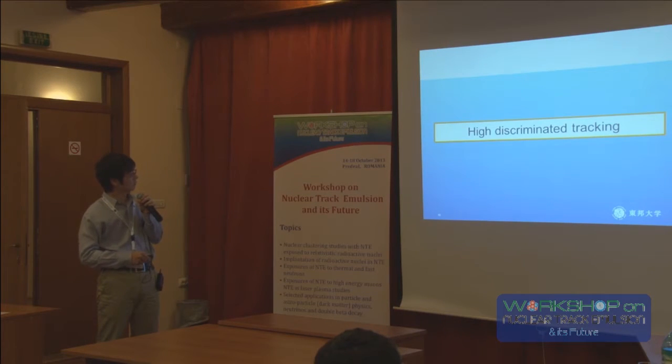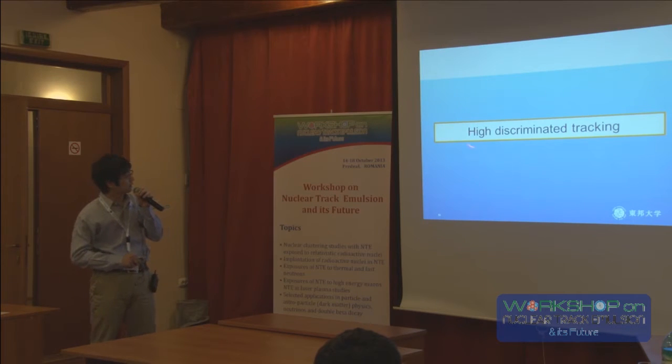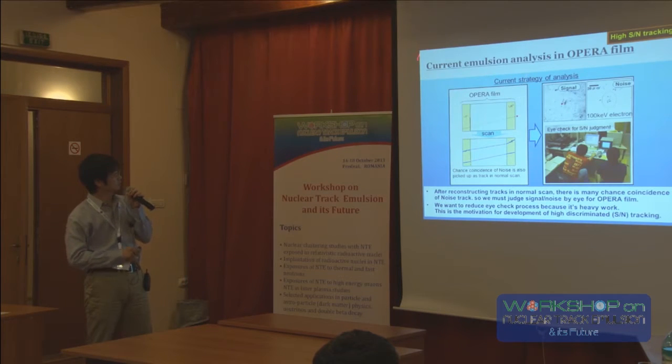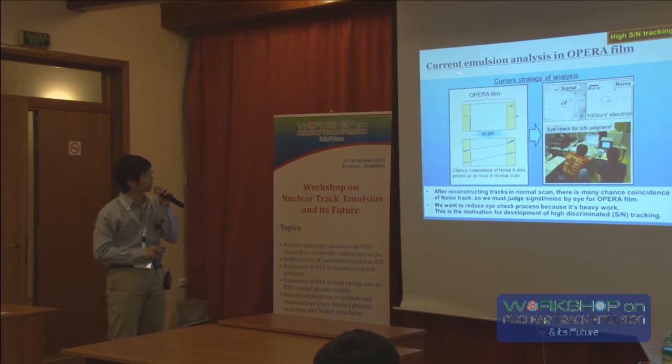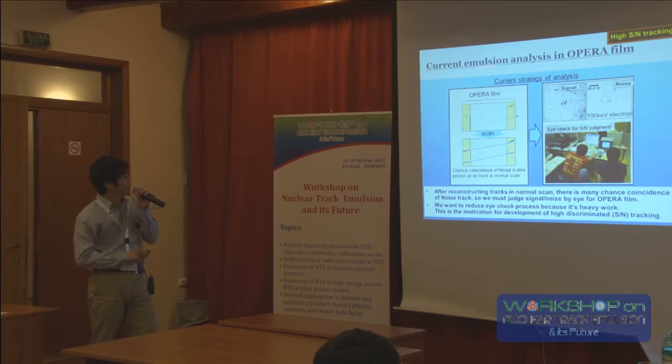Okay, then the next session, high discriminated tracking. Here I explain the current emulsion analysis in the OPERA film. First, we scanned the OPERA film. This is what we call a fake track, a low energy electron. This is a true track. But after the scan, we have many noise tracks from chance coincidence.